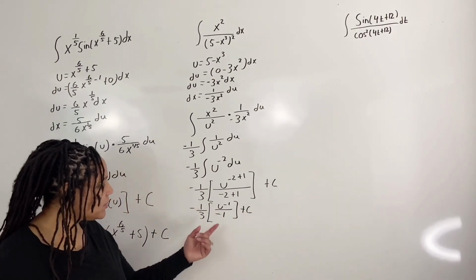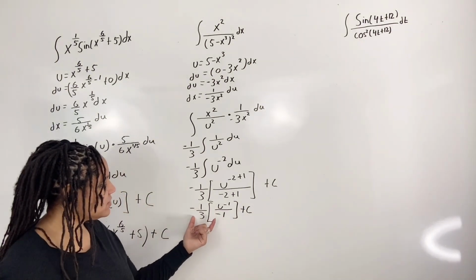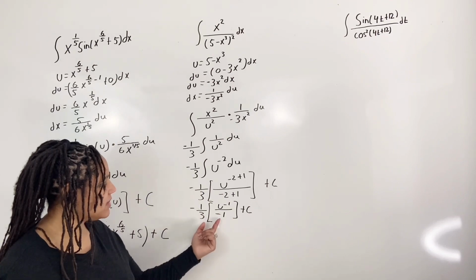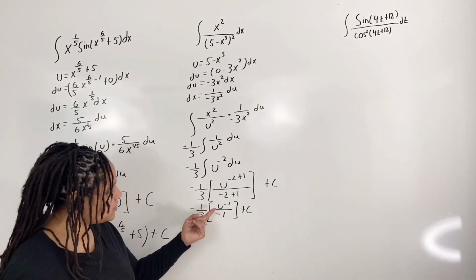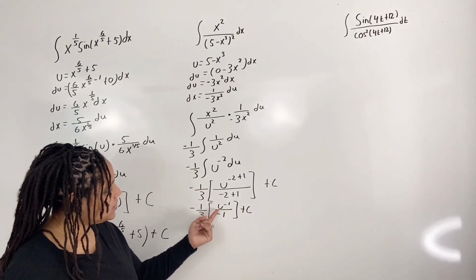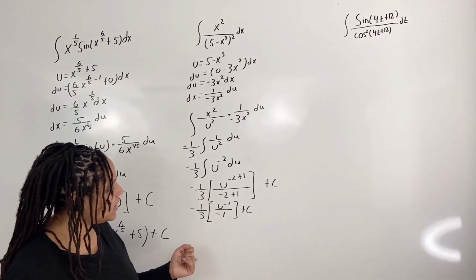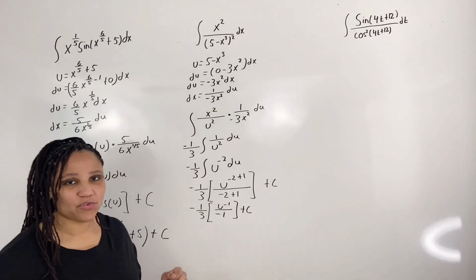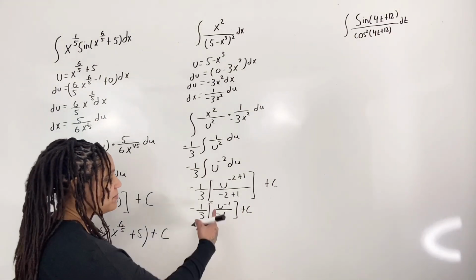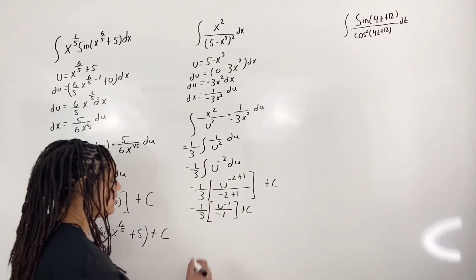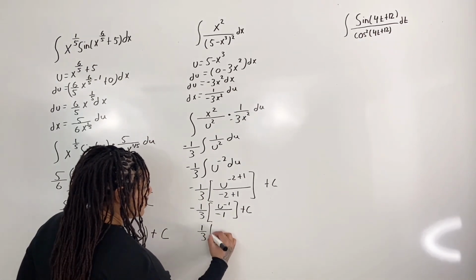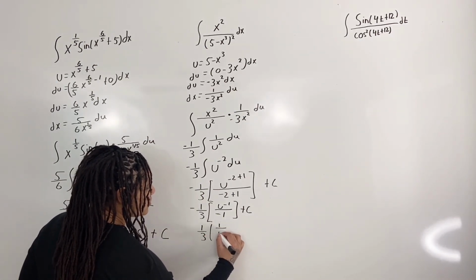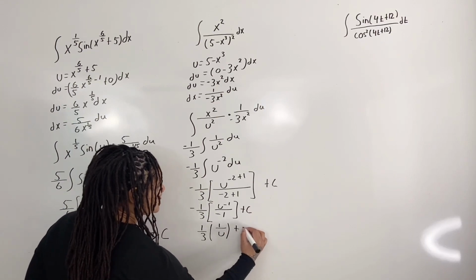And now I'm going to cancel the negatives because a negative times a negative is a positive. And I'm also going to rewrite u to the negative 1 as 1 over u. So I'm putting u back into the denominator. So we have 1/3 times 1 over u plus c.